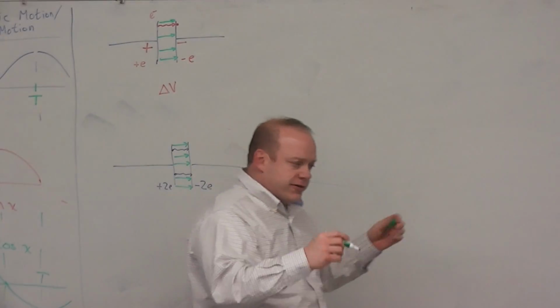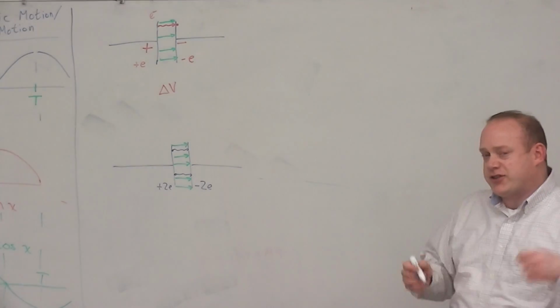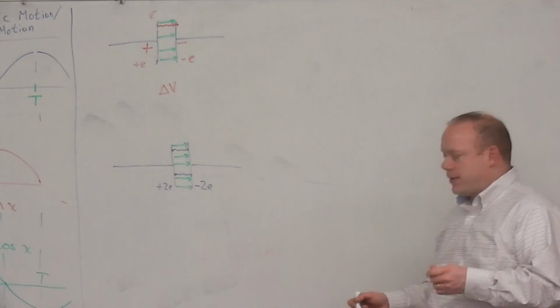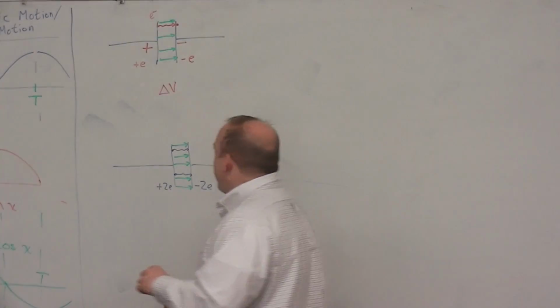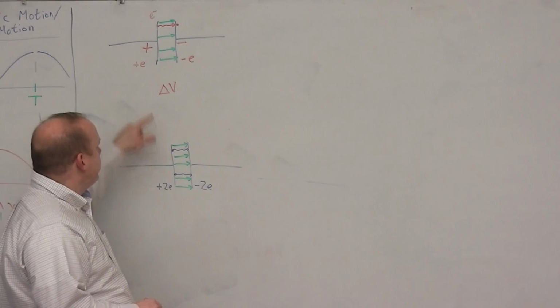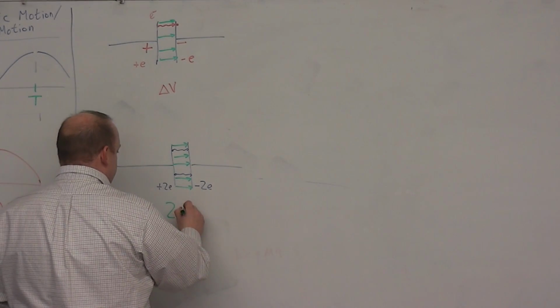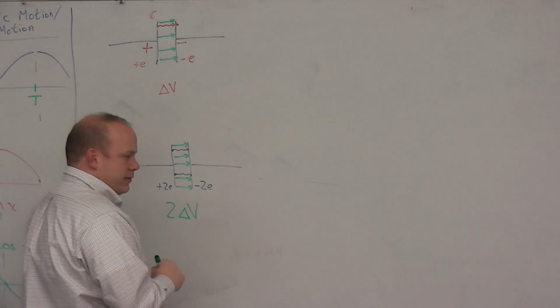Additionally, because the electric field is bigger, my potential difference between the plates is going to be bigger. Now it turns out that if I double the amount of charge between here and here, I also have twice the potential difference.